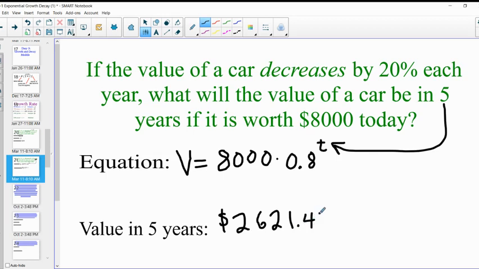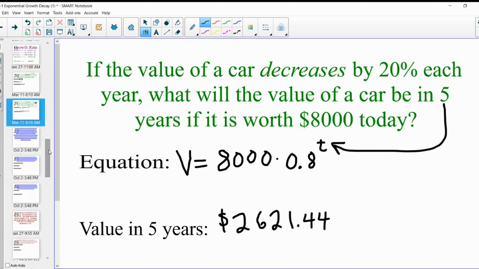And this is maybe a good time for me to mention, if you've got a question that's asking for a value of something in dollars, let's go ahead and round to the nearest cent. I don't think it makes sense to go past the nearest cent. Pardon the pun. And even though when we're talking about cars, we usually don't think about the value in cents, let's just go with that as a rule of thumb. Round your money answers to the nearest cent.